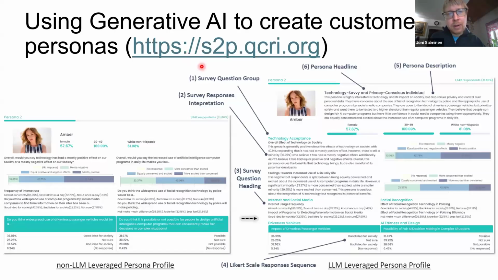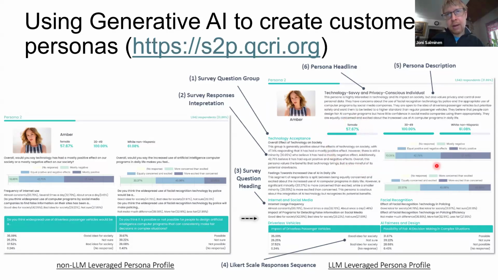Here's our system, Survey the Persona, generating personas from survey data using LLMs. It's automatic persona profiles with the name, picture, and description. The content here is from a real data set that's segmented using classical AI, so clustering algorithms, but that clustering output is then given to an LLM that writes up the content here.